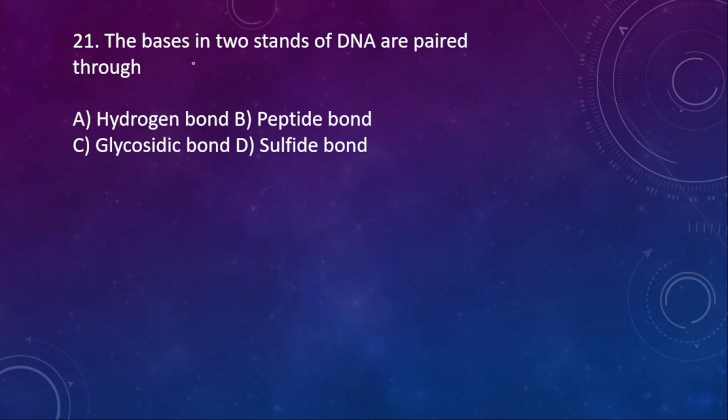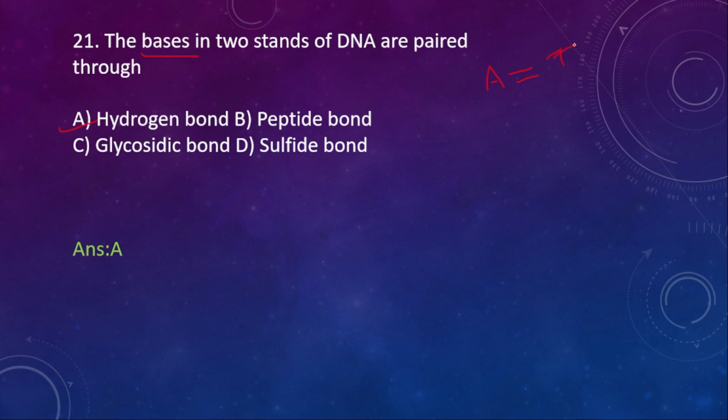21. The bases in 2 strands of DNA are paired through, I just said, hydrogen bond, peptide bond, glycosidic bond and sulfide bond. Here the right option is hydrogen bond. What are the bases? He is asking about the nitrogenous bases in the 2 strands. If A is there, A is pairing with what?